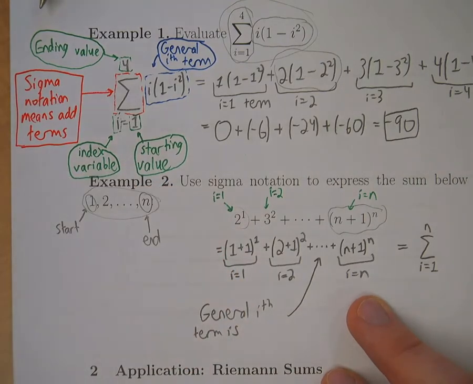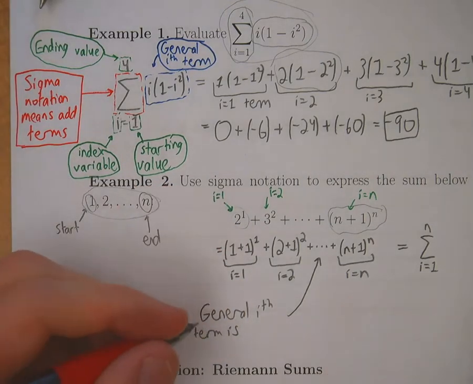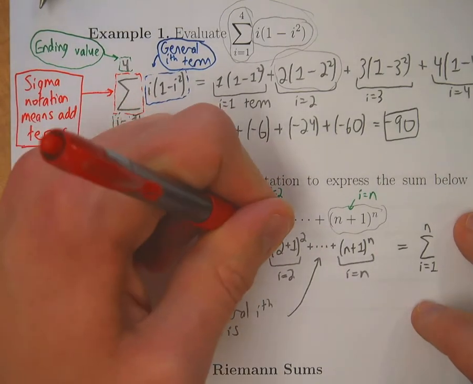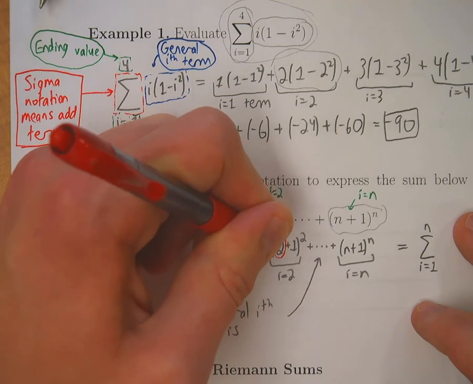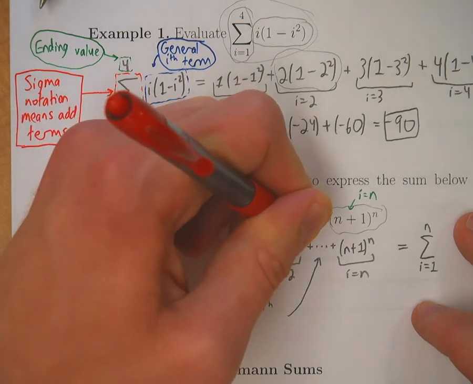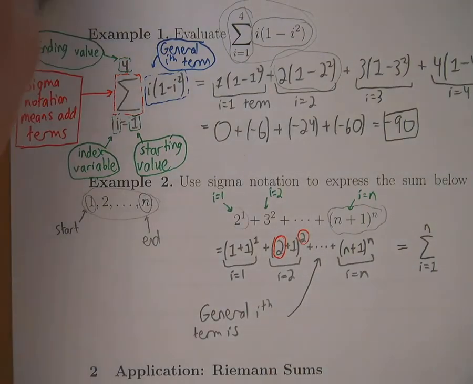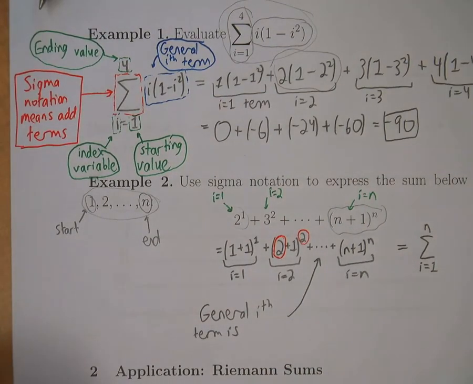So based off of the pattern that we're noticing here, the only things that really change are this number here and this number here. That's the only thing that seems to change with each of these terms. So taking that into account, what would that tell you about what form the general ith term has? Any thoughts or suggestions?